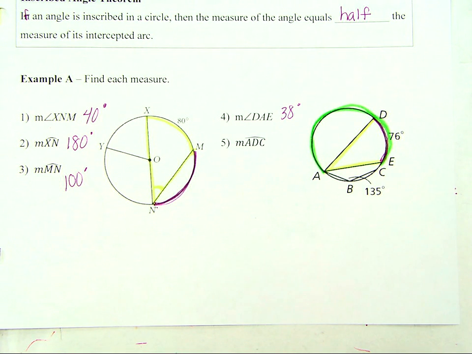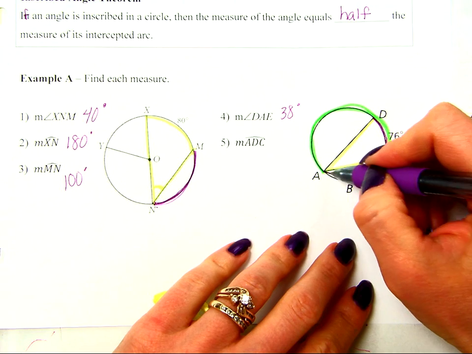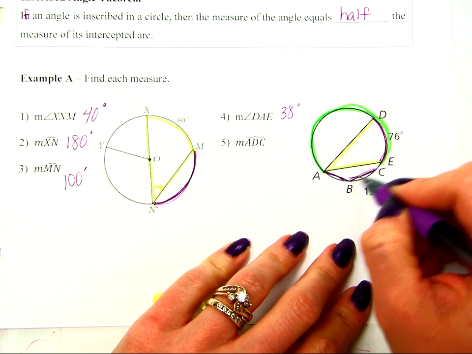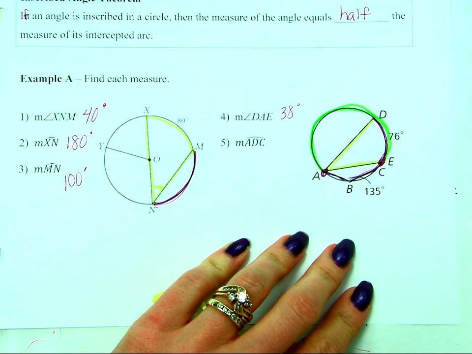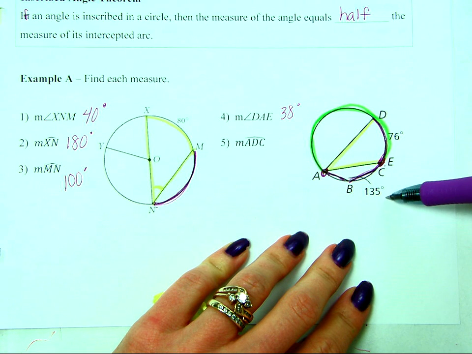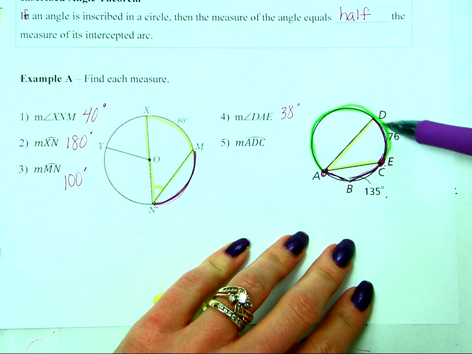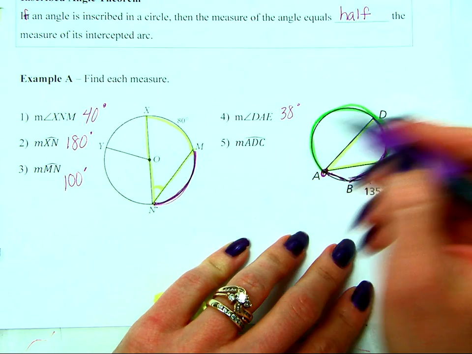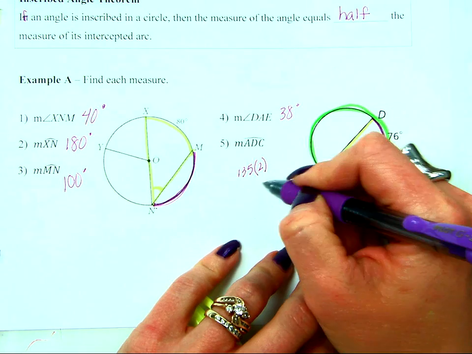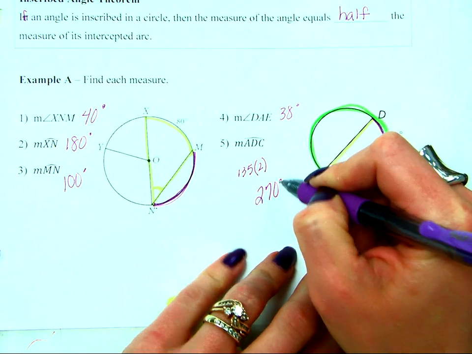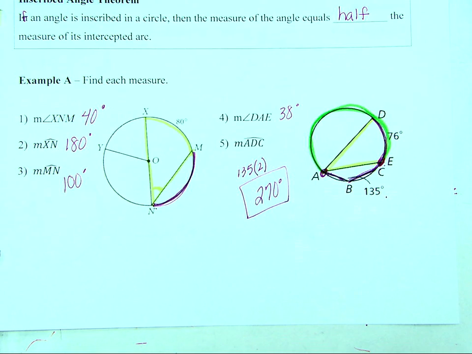But the other sneaky part here is that I do have this inscribed angle of 135 where my endpoints are A and C. If this is 135, it's my inscribed angle meeting that intercepted arc. Well, then we're going to take 135 times 2. This would be half of the intercepted arc, and in the end we would find out that would be an arc of 270 degrees.